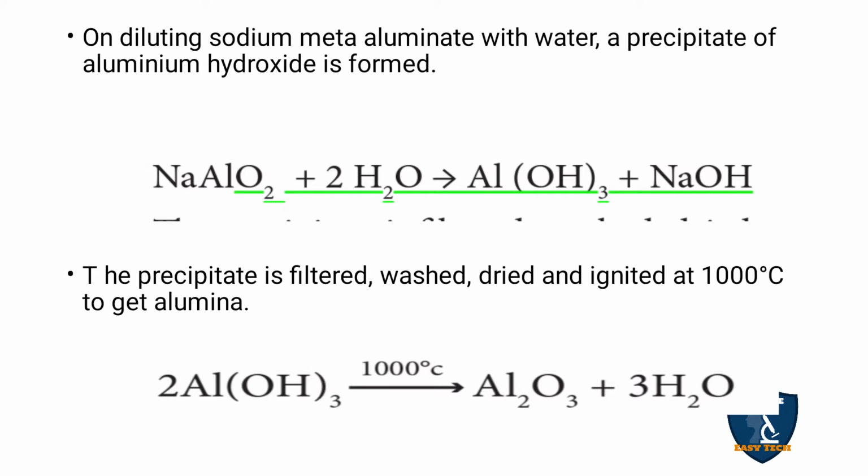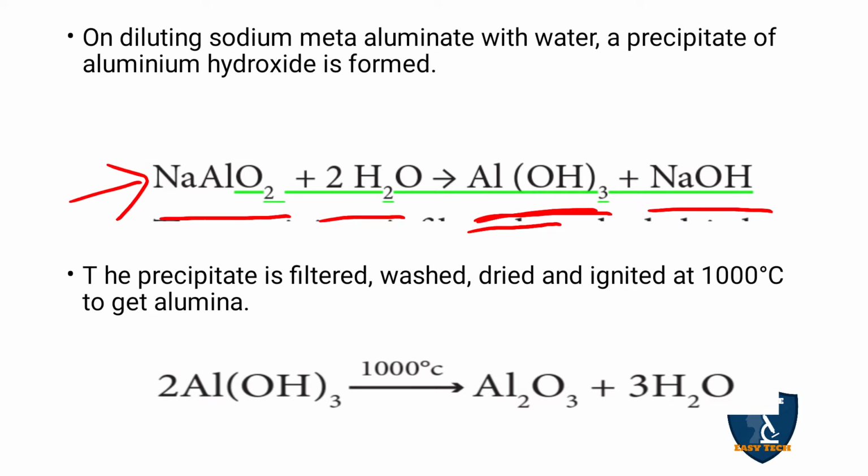This is concentrated, so you have to dilute it by adding water. When sodium meta-aluminate is added with water, you will get aluminium hydroxide plus sodium hydroxide. We don't consider the sodium hydroxide; we have to consider Al(OH)3, that is aluminium hydroxide.